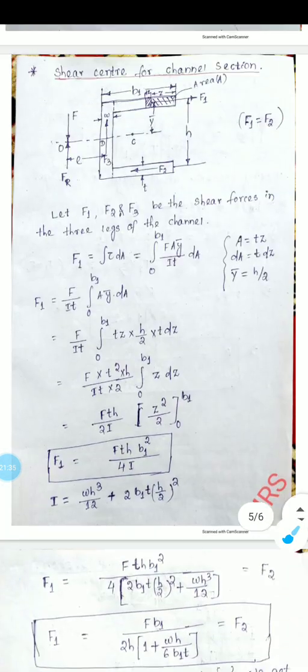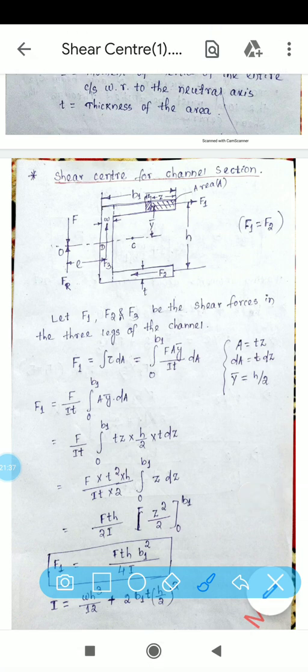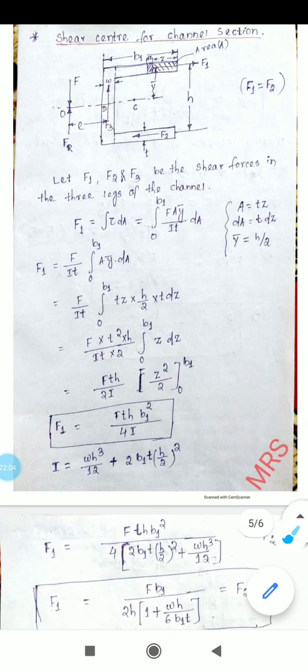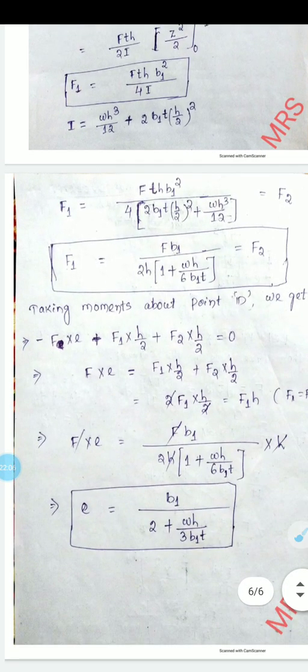Next, see, taking moment about point D. So this one is your D point. Taking moment about point D, first you have to calculate those forces that are acting. One is your F1 force and another is your F2. You take F or Fr, and F3 becomes 0 because it passes through this point. Clockwise moment is positive, anticlockwise moment is negative.